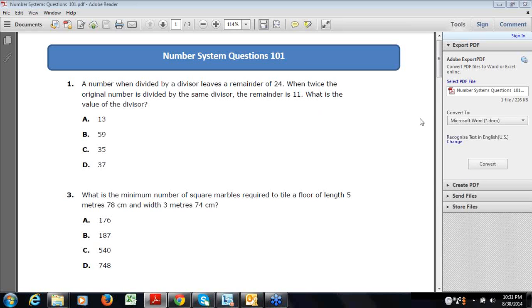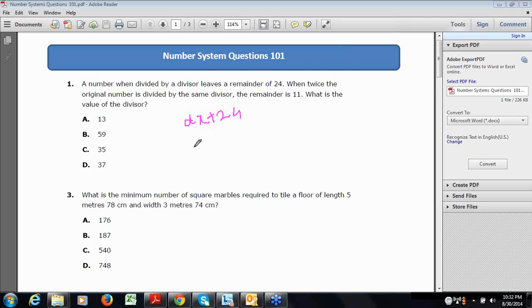What is the value of the divisor? Okay, so we can assume the number to be dx plus 24, where d is the divisor and x times it has gone and 24 is the remainder.